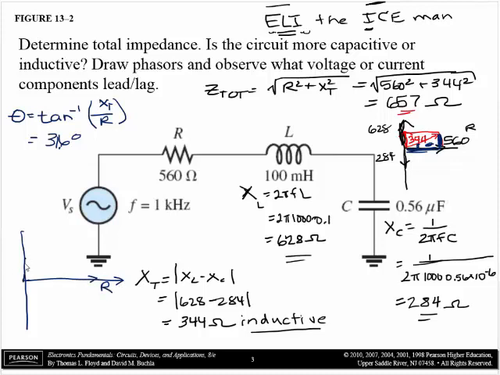X total is in this upward direction. I is along here because we're in a series circuit and there can be only one I, right? And voltage leads. That means voltage must be along this direction. Voltage is along that direction and it's leading current.